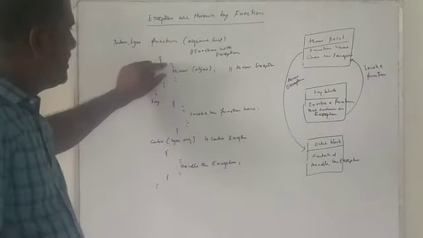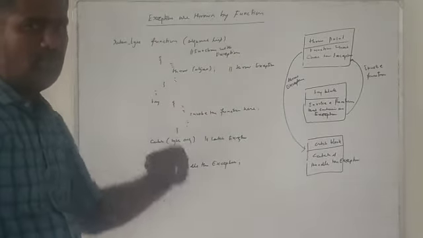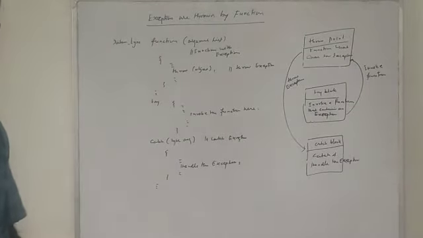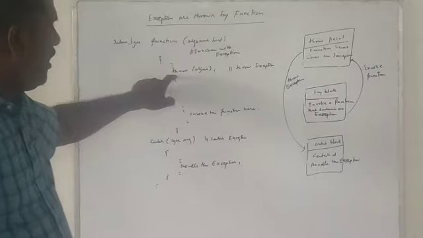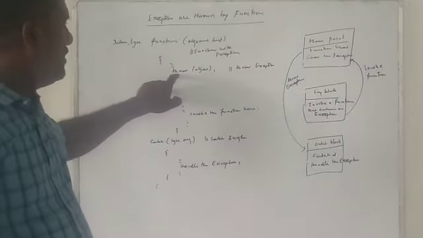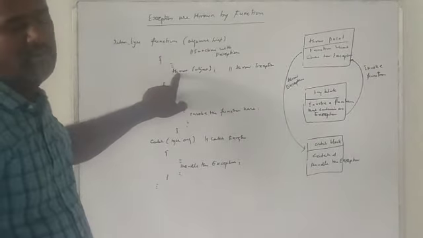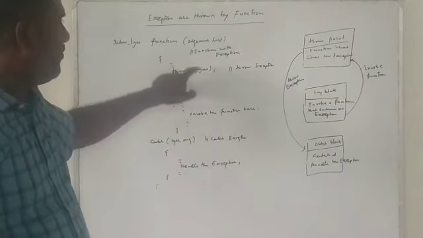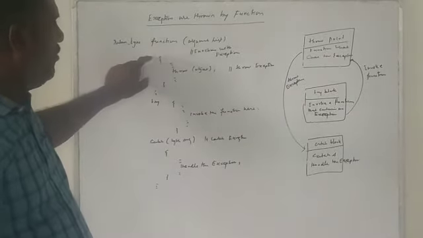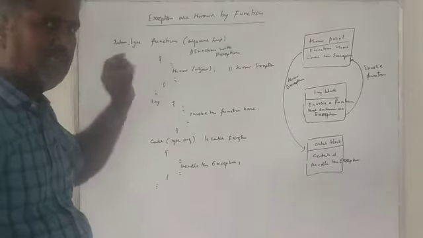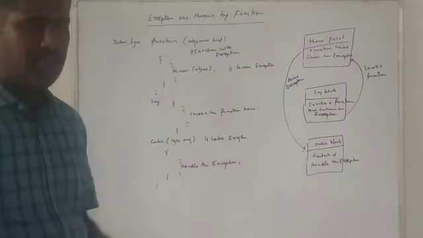Suppose the exception causing statement produces an exception. At that time the object is thrown by the throw statement. The thrown exception is caught by the catch block, which then handles the exception.